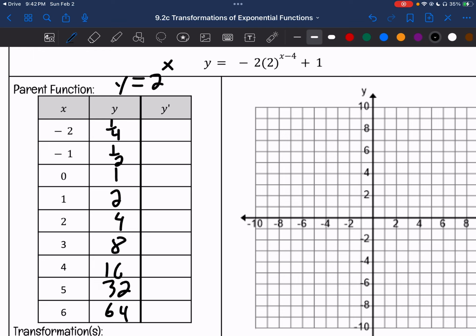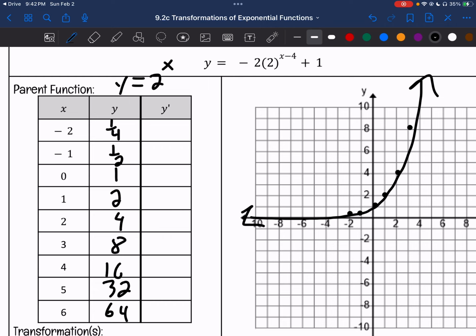So we have -2 and 1/4, -1 and 1/2, 0 and 1, 1 and 2, 2 and 4, 3 and 8. So we have our parent function right there. And I missed a little bit on the last point, but you get the gist of it.